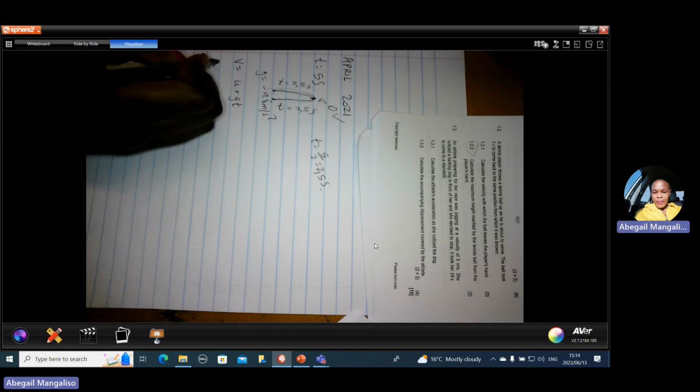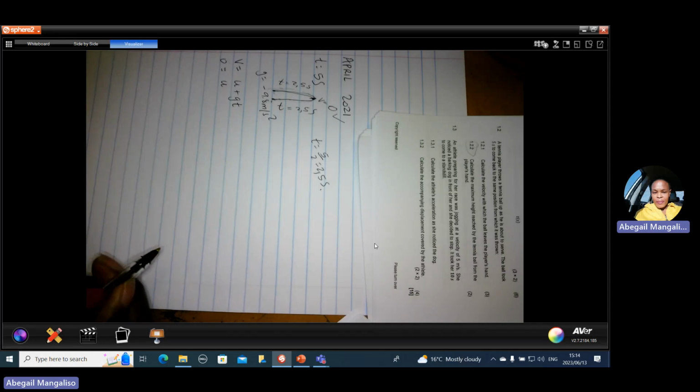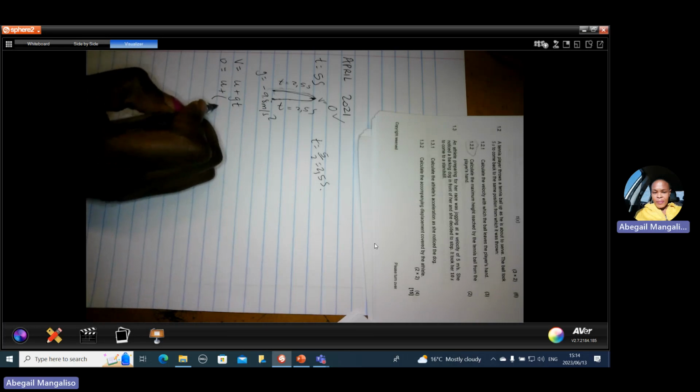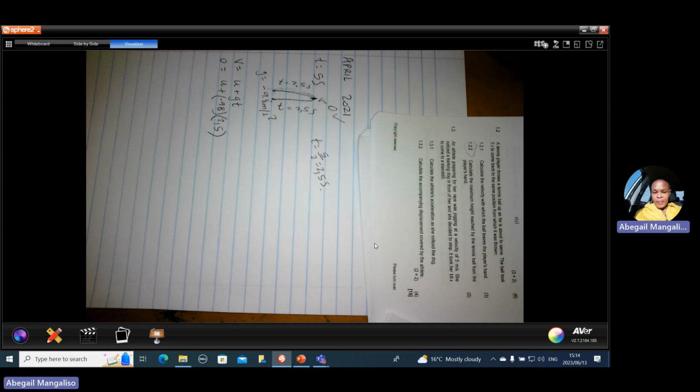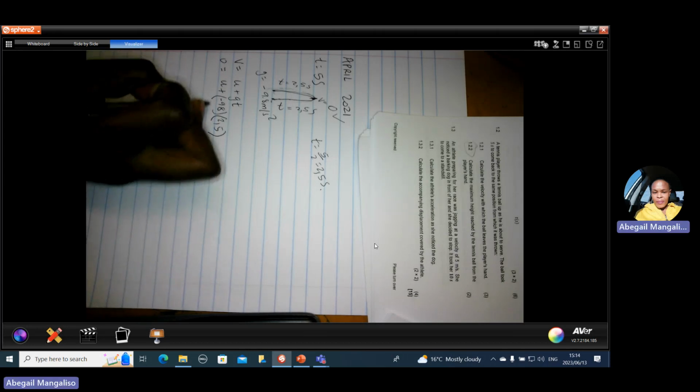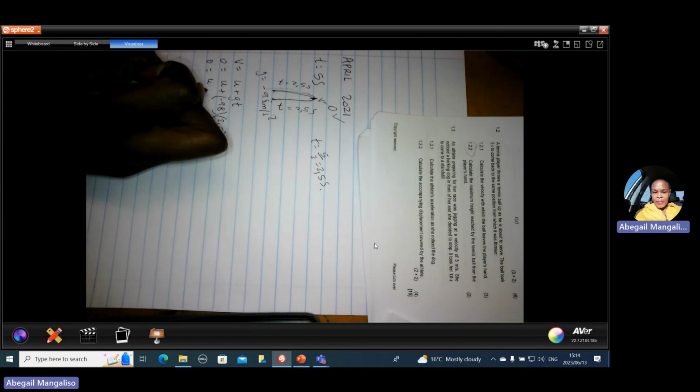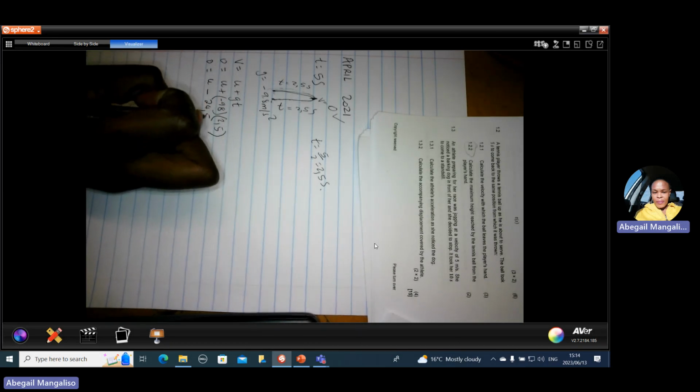Where there is v, it will be 0, equal to the initial velocity, which is what you're looking for as it leaves the player's hand, plus, going up, the gravitational acceleration negative 9.8 multiplied by the time taken to reach this point, 2.5. Multiplying negative 9.8 times 2.5, the answer will be 0 equal to u minus 24.5.